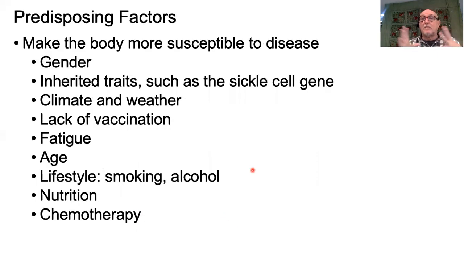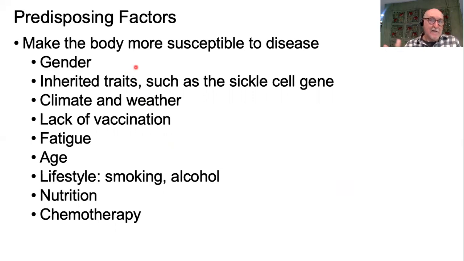So as far as disease is concerned, what are the predisposing factors? There are many, many of them. Your gender is a major one. People suffer predominantly from different diseases depending on what gender you are.